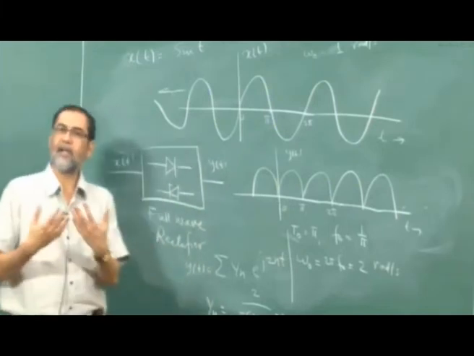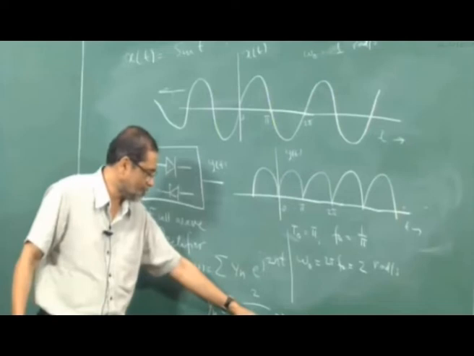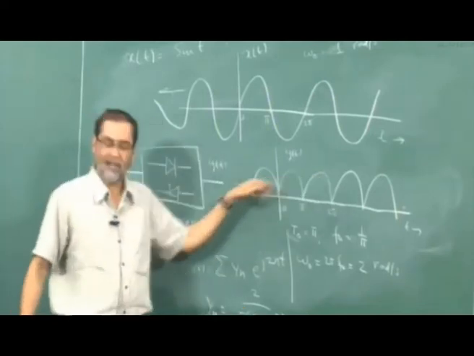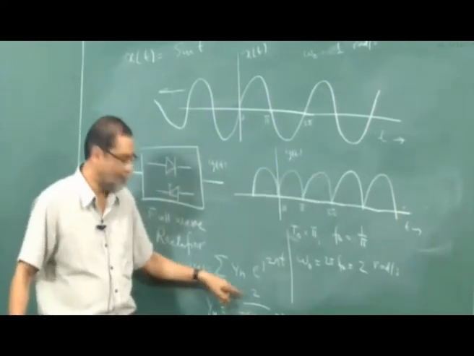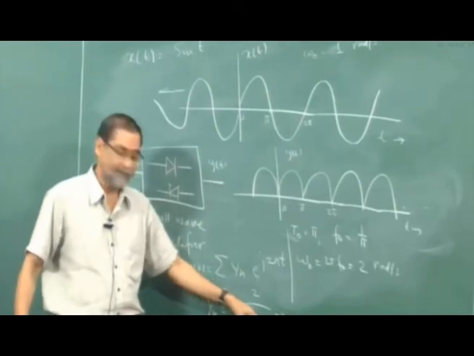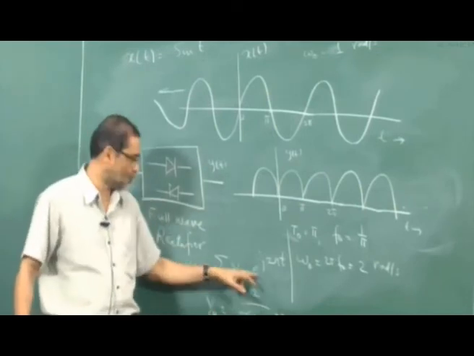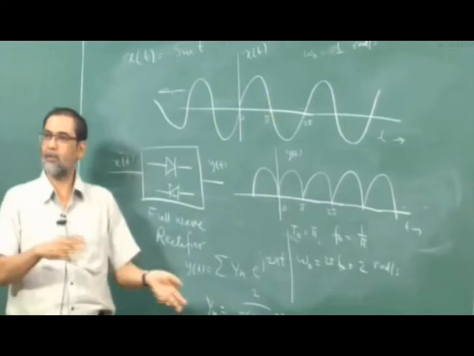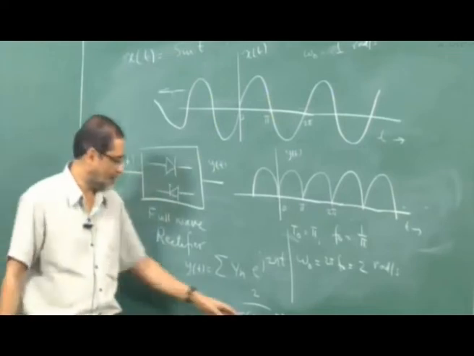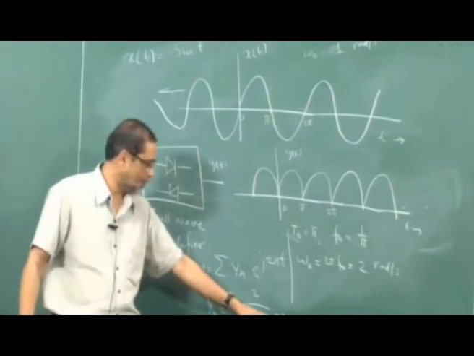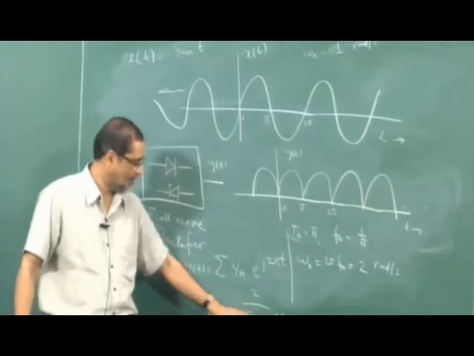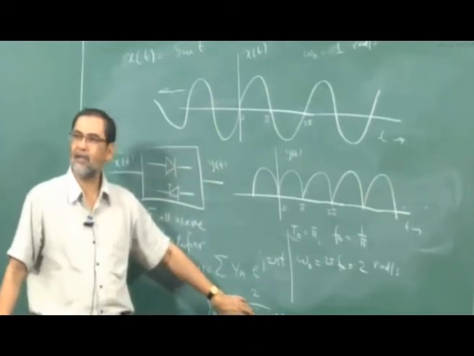So you substitute n equal to 0. You have a certain DC term here. N equal to 0 gives 2 by pi. N equal to 1, this becomes minus 3, so it's 2 by minus 3 pi. Minus 1 also is the same value. Then if you substitute 2, then 2 square is 4, 4 into 4 is 16, 1 becomes less and less important, right.